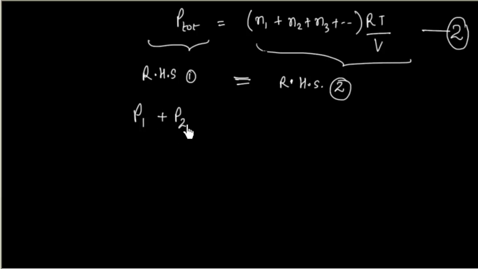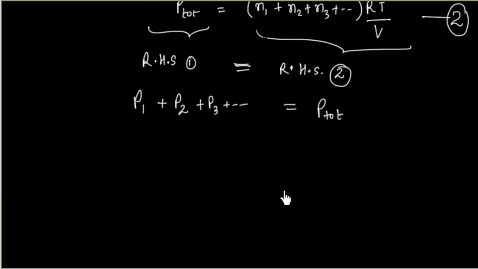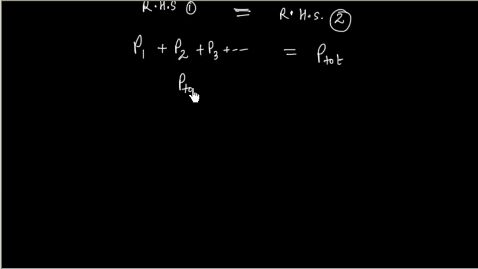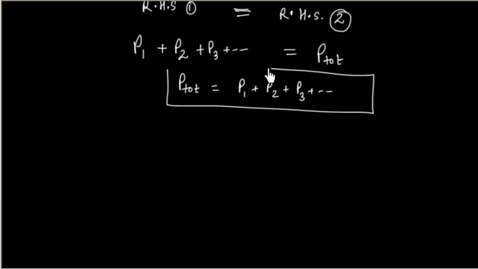So we can write P total is equal to P1 plus P2 plus P3, and this is called Dalton's law of partial pressure.